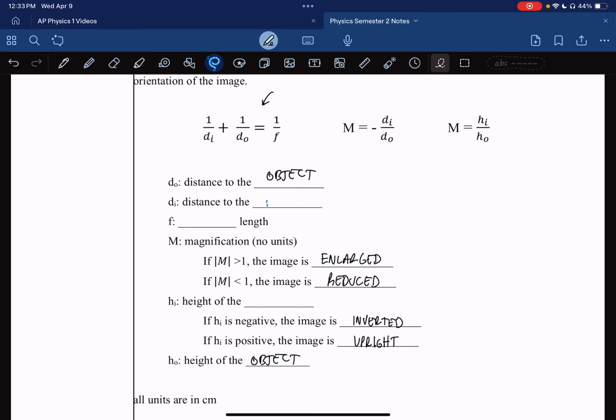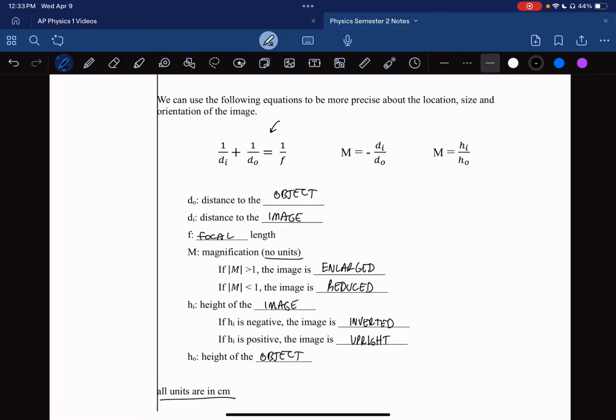I means image. It's actually just faster if I write it. This is focal. Cool. Not all of them are in centimeters. It's kind of like a typo. M has no units, but the rest of them are typically in centimeters.